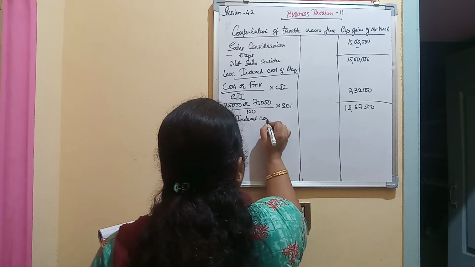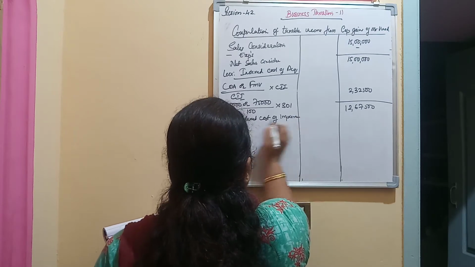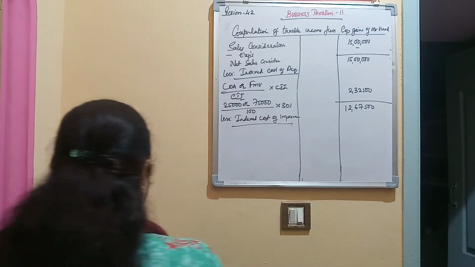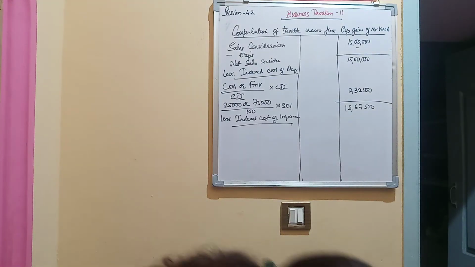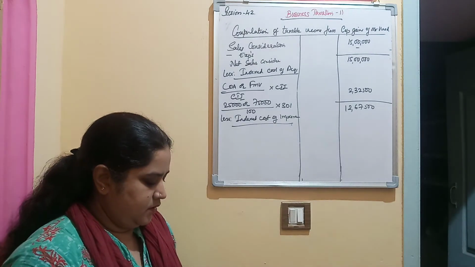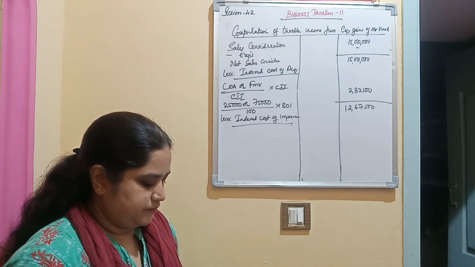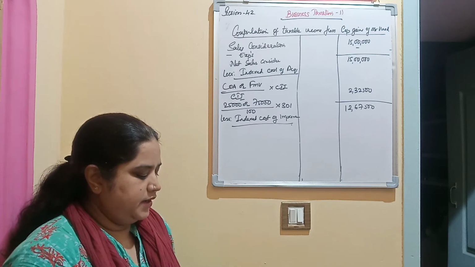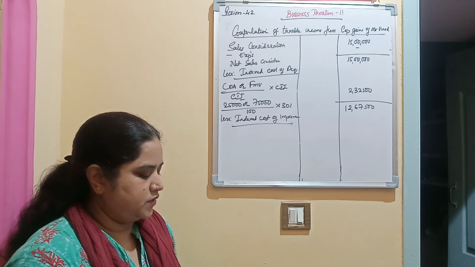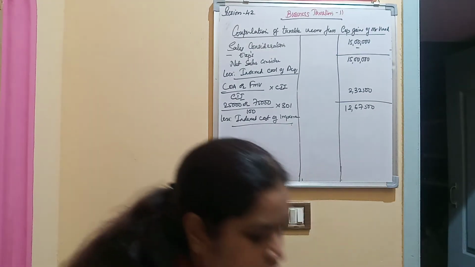Then again from that I am supposed to deduct the indexed cost of improvement, if there is any improvement incurred on the property. Yes, even in this particular problem there is a cost of improvement incurred. Here it is mentioned that during June 2013 a cost of rupees 20,000 is incurred on improving the house.